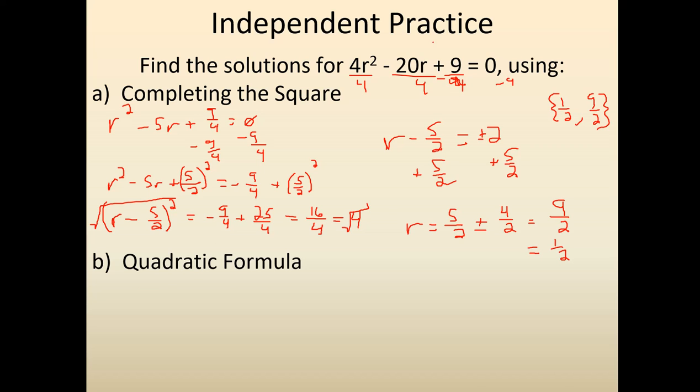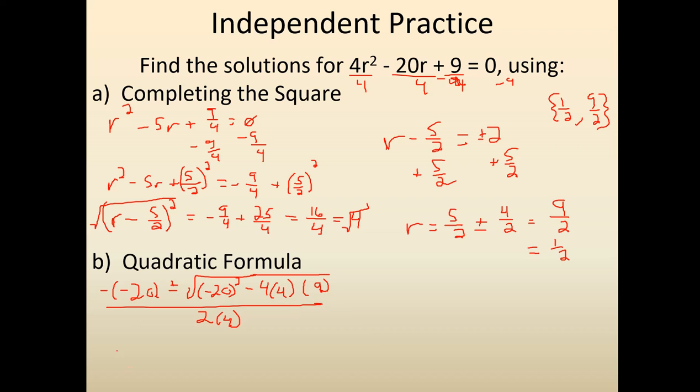Now, if I use the quadratic formula, I would use this original equation. Remember, it's negative b plus or minus the square root of b squared minus 4ac, all over 2a.